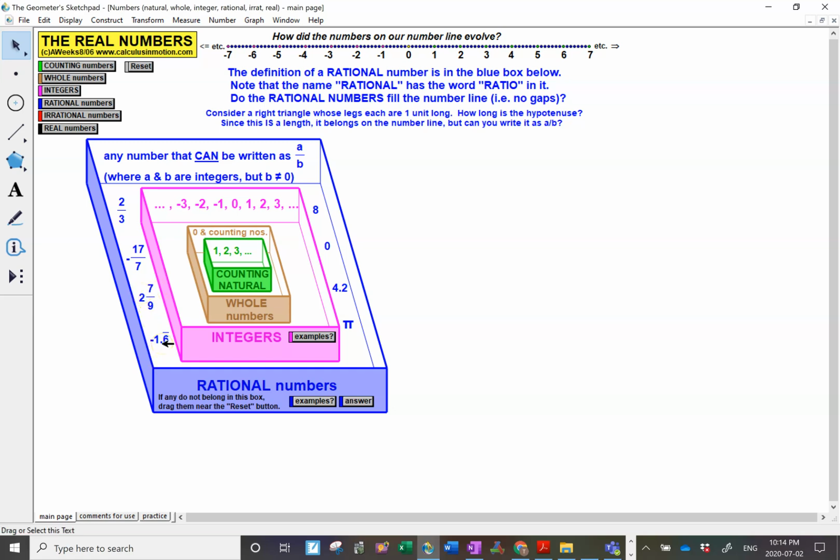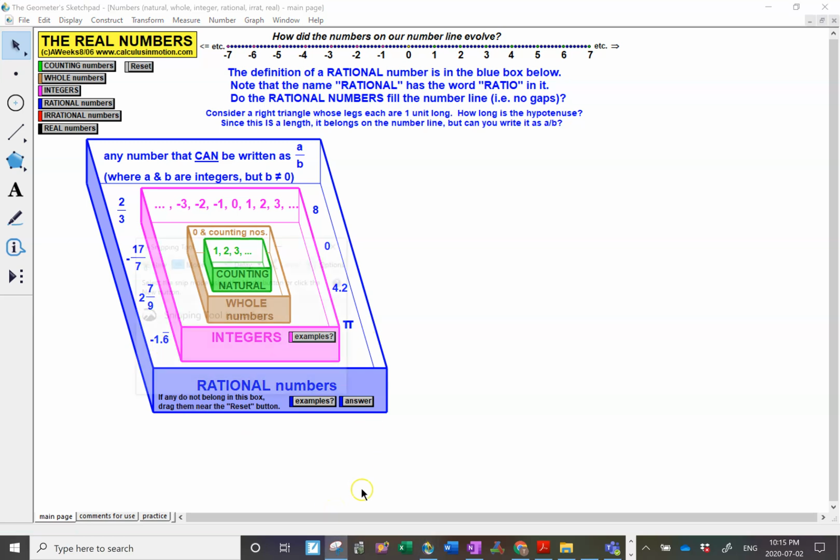Here, -1.6 repeating. Well, first of all, that's not written as a ratio of two numbers. But if you are familiar with 0.6 repeating, 0.6 repeating is actually an equivalent decimal to the number 2/3.